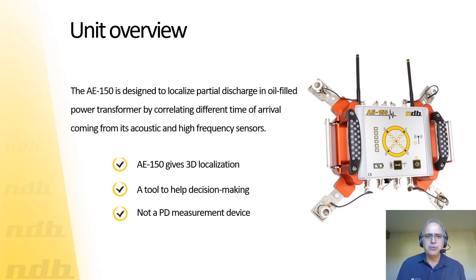It's a tool to help to take better decisions on your transformer. But what's misunderstood is that it's not a PD measurement device. This can confirm that you have a PD inside your transformer, but it won't tell you how bad your discharge is. This tool will tell you where it is. And this is what gets confused sometimes.